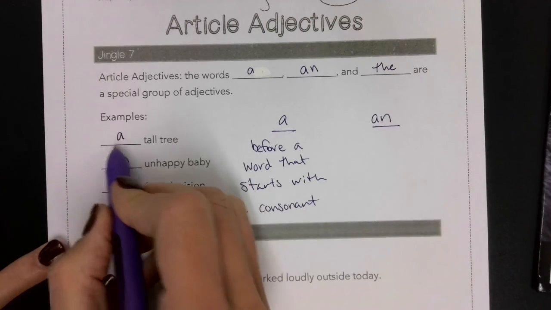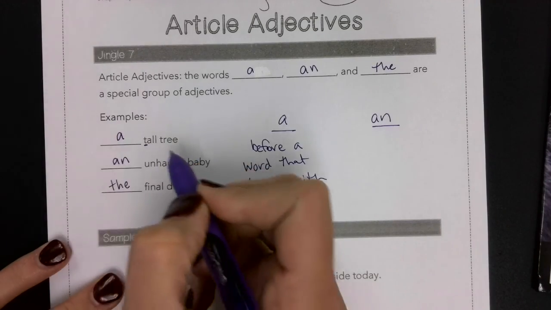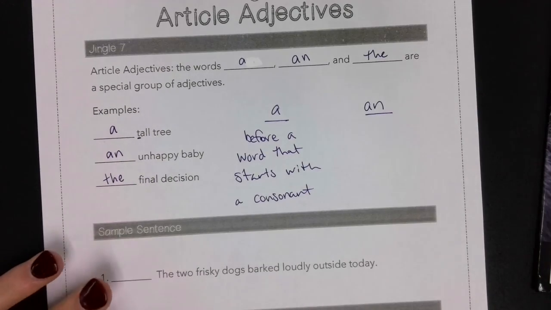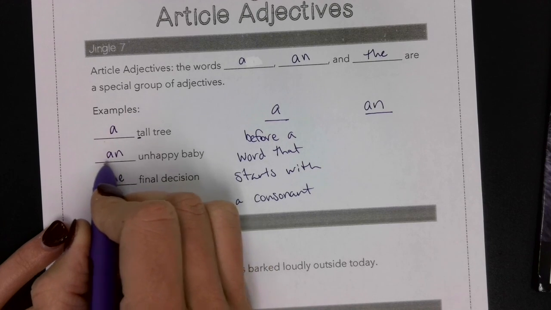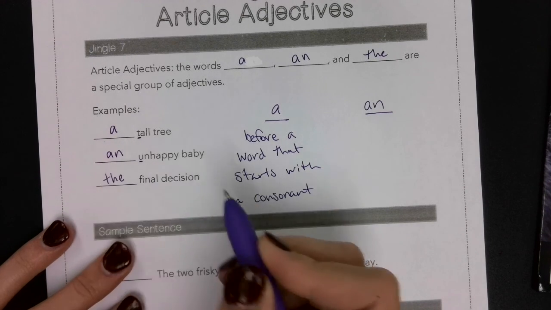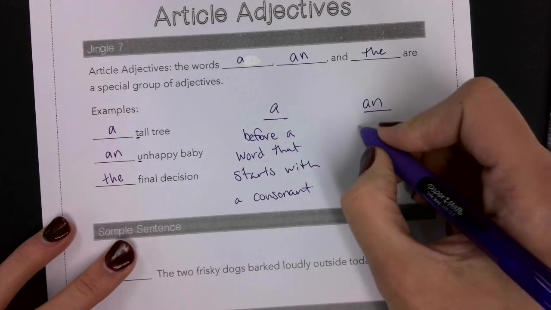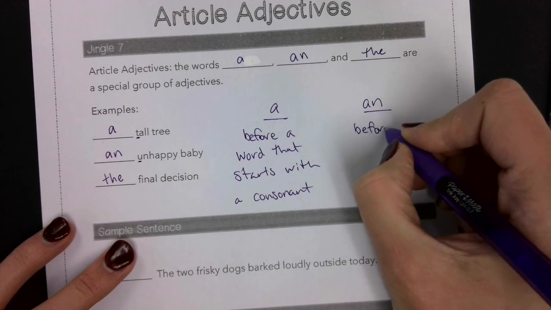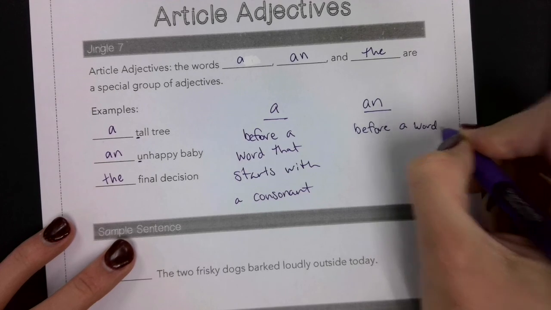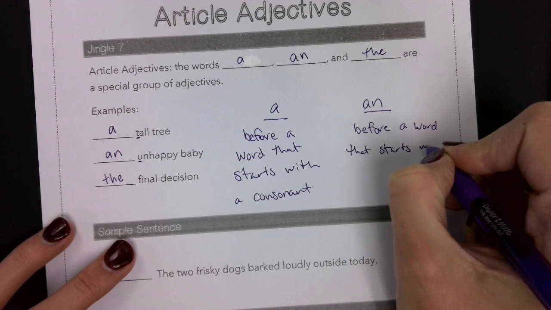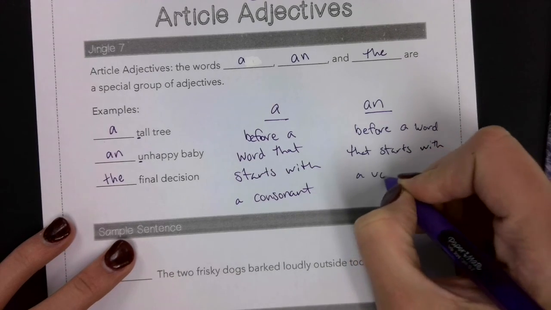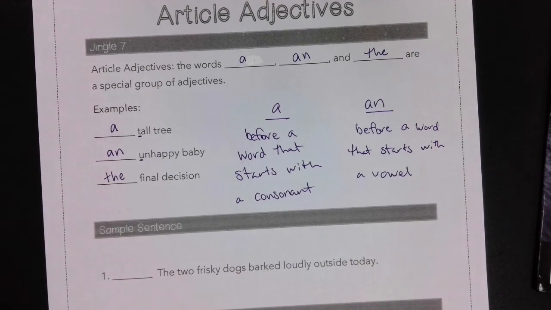For example, a tall tree. Why? Because tall, the very next word, starts with a T, and that's a consonant. And we use an in front of this one, an unhappy baby, because unhappy starts with U, and that's a vowel. So for an, you can write before a word that starts with a vowel.